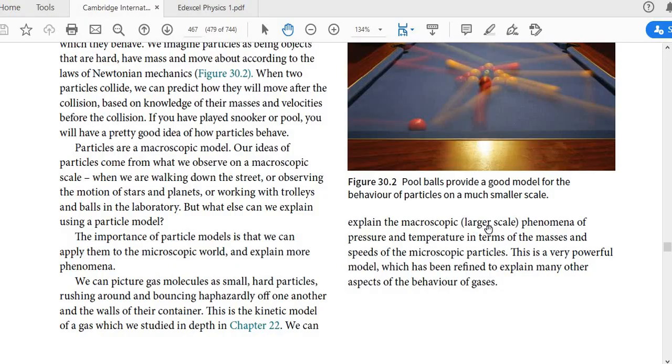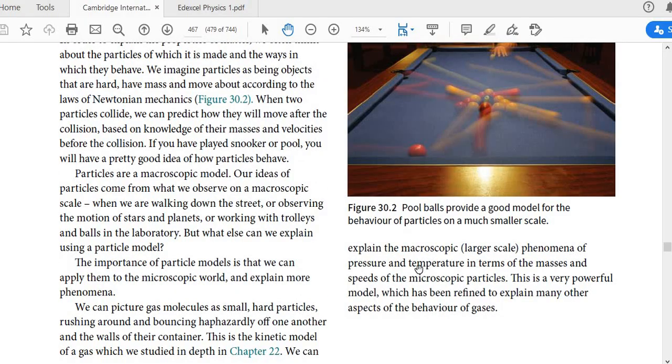We can explain the macroscopic or large scale phenomena of pressure and temperature in terms of the masses and speeds of the microscopic particles. This is a very powerful model which can be refined to explain many other aspects of behavior of gases. Okay, so you can see pressure, temperature in terms of the masses and speeds of the microscopic particles.